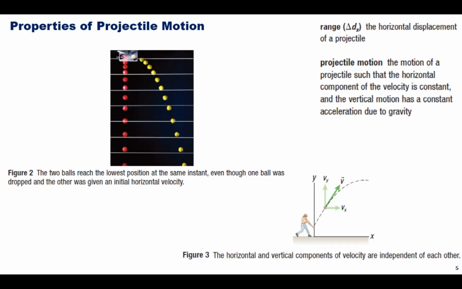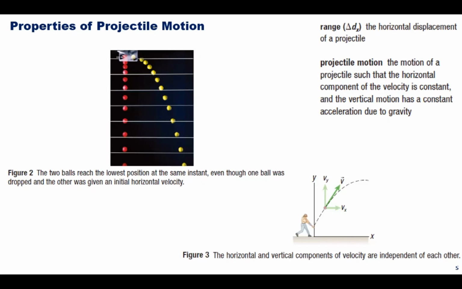The ball on the left simply drops, but the ball on the right has an initial horizontal velocity. The ball on the left falls straight down, while the ball on the right follows a parabolic path typical of projectile motion.